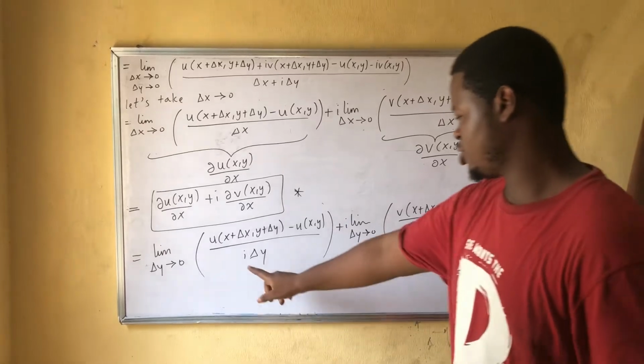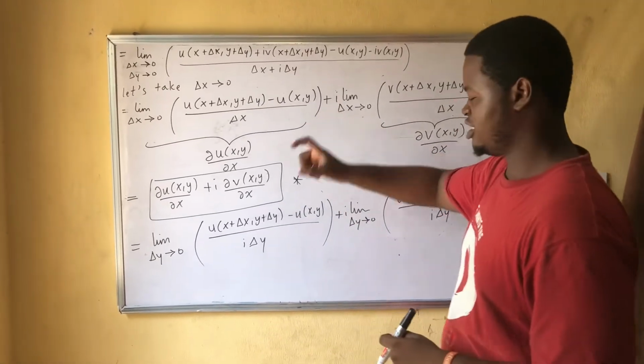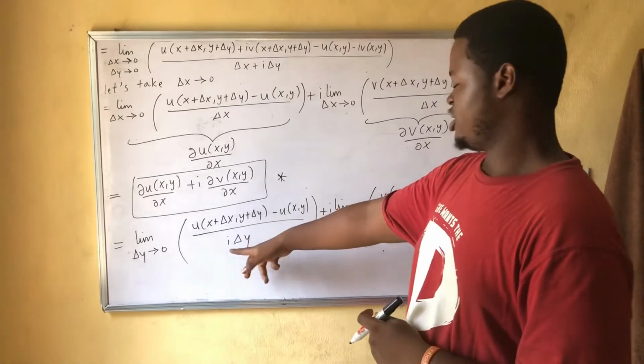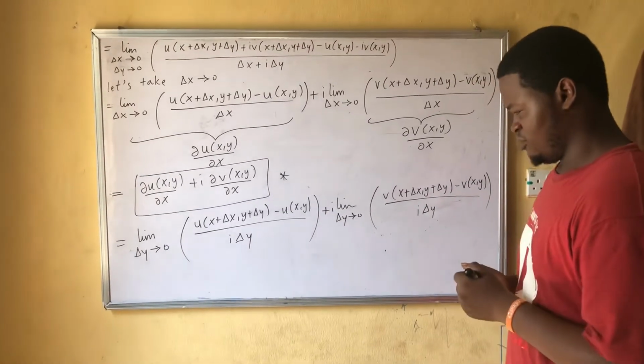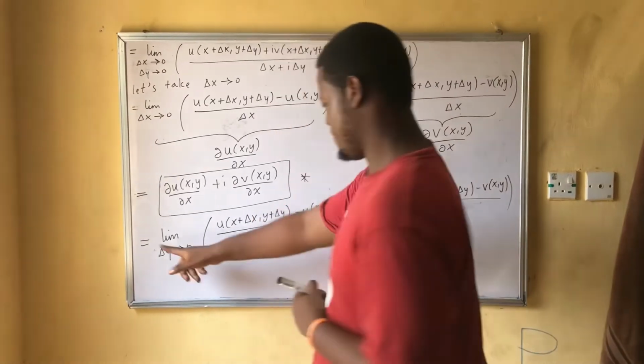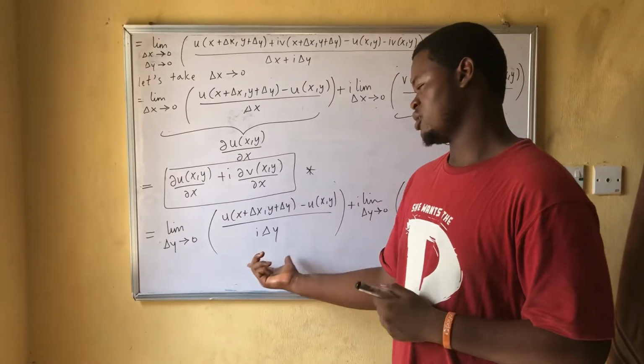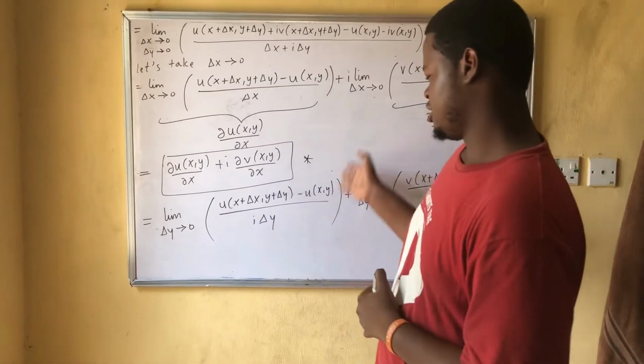Looking at this, because of the imaginary constant in the denominator, we have to multiply the numerator and the denominator by the conjugate of the imaginary constant. Obviously this is just going to be minus i times all this. Or we can simply say i times all this. It's still the same.